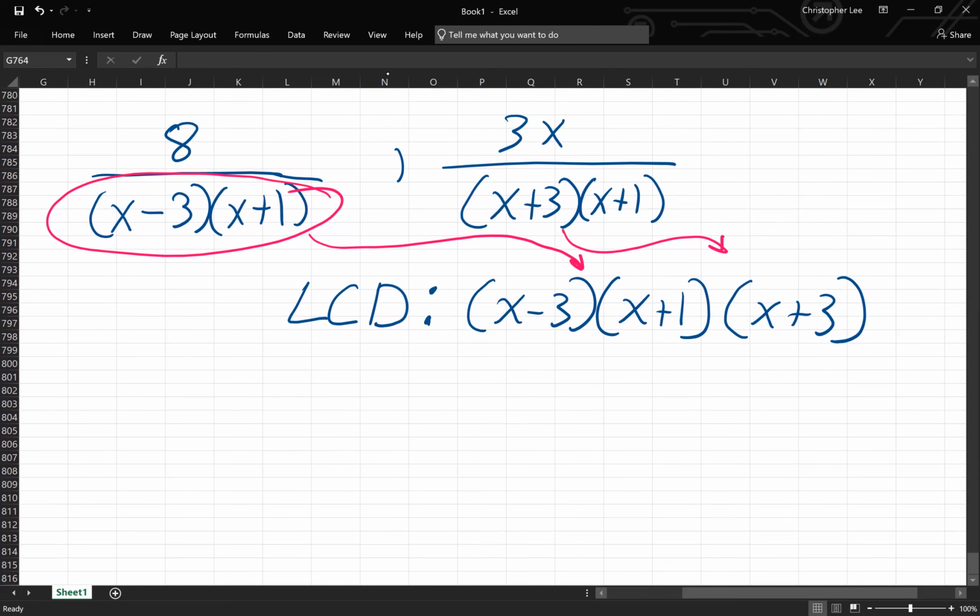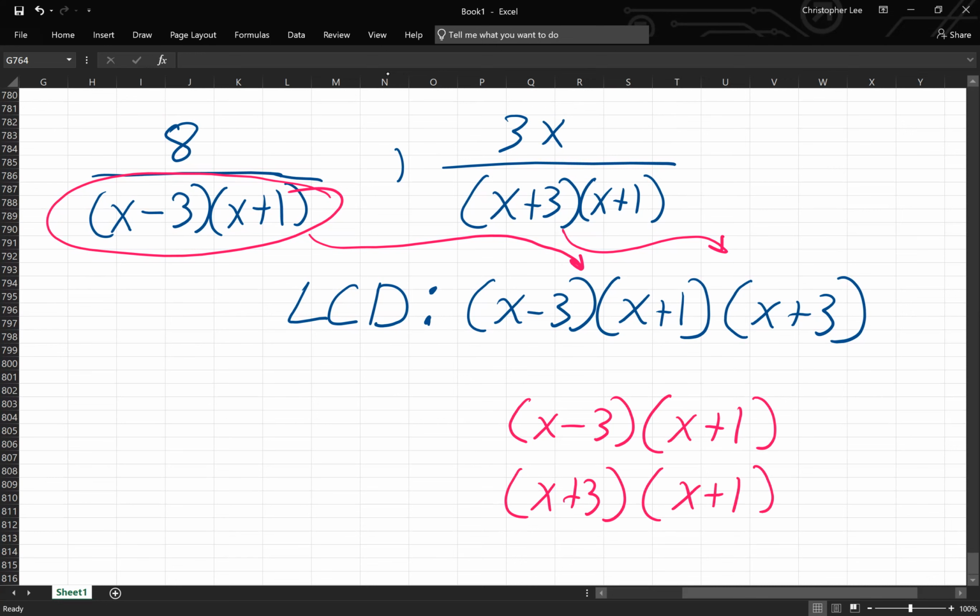The vertical way that they're talking about doing it is they would have you write x minus 3, x plus 1, and then x plus 3, x plus 1. It's the same kind of logic as what I just described.